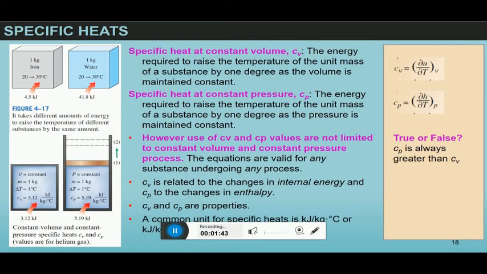It might not be very clear at the moment. However, don't hurry to use Cp value if your problem says it's a constant pressure process. Or don't hurry to use Cv value if your process is a constant volume process. You have to consider more things than the process's constant volumeness or constant pressureness.